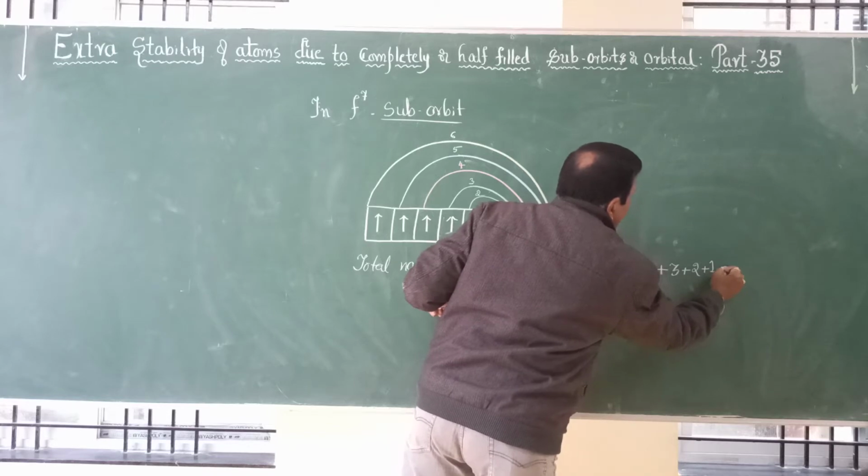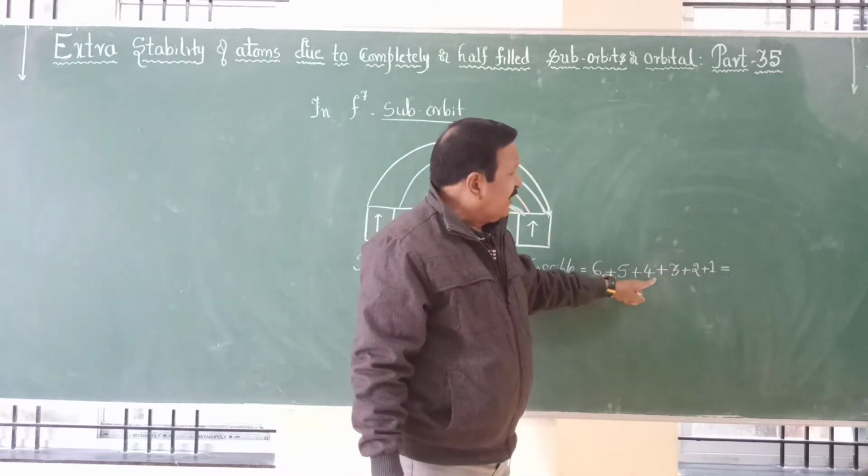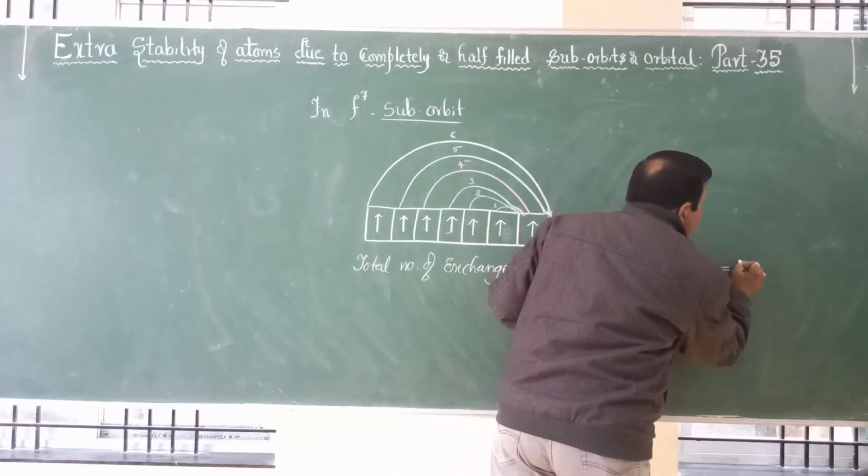So this will be equal to 6 plus 5 is 11, 15, 18, 20, 21.